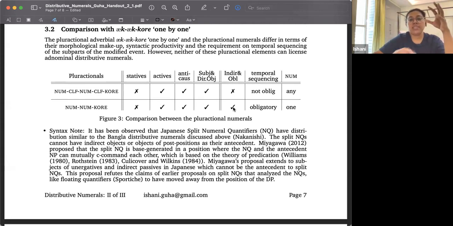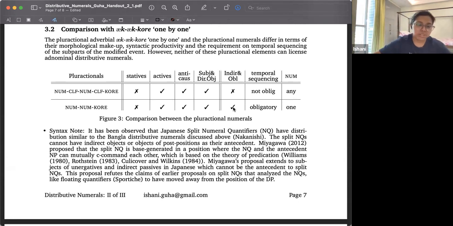Moreover, Aket Kore has an obligatory reading of temporal sequencing. It has to be one after another. So you cannot build felicitous examples using 1 by 1 or Aket Kore which have all of them doing this activity at the same time.